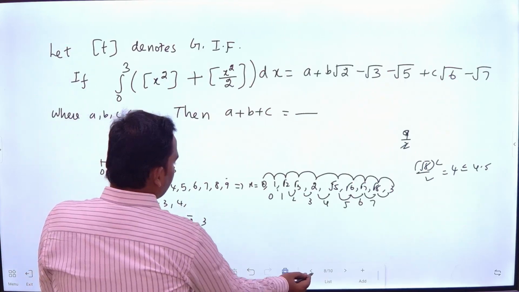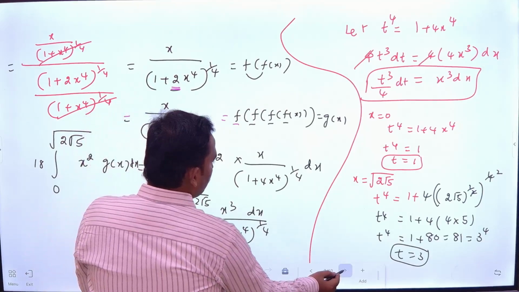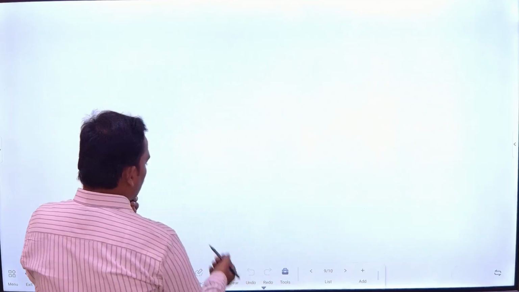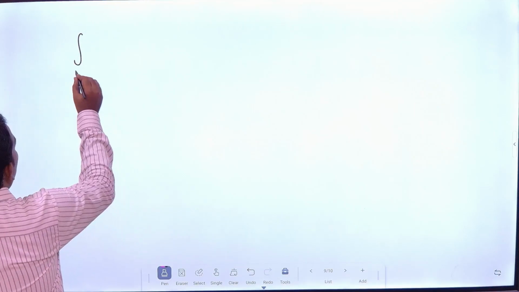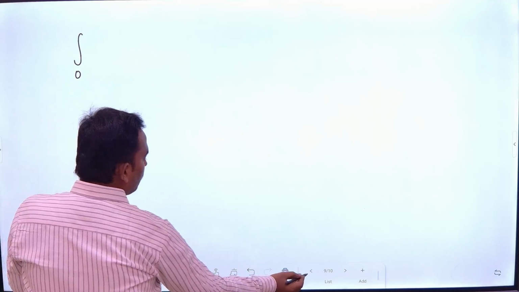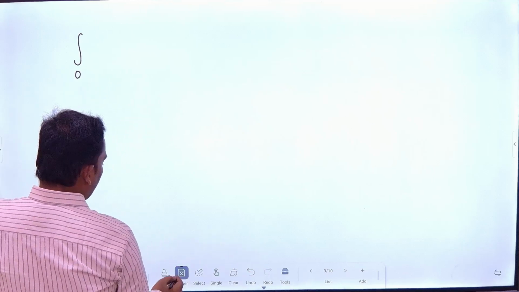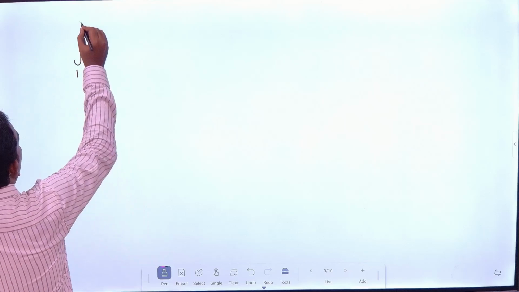Next step, what you can do: the integration from 0 to square root of 2 root 5, but now in terms of t, the limits change from 1 to 3.